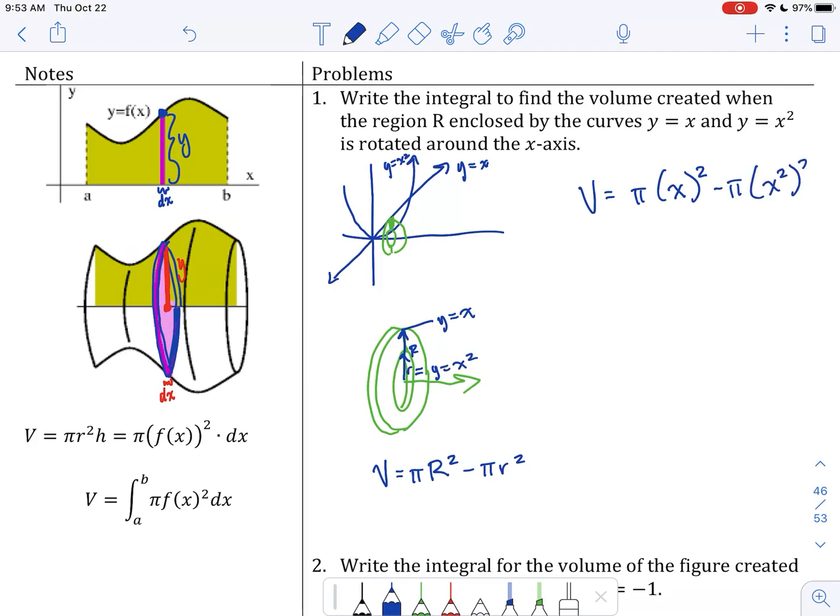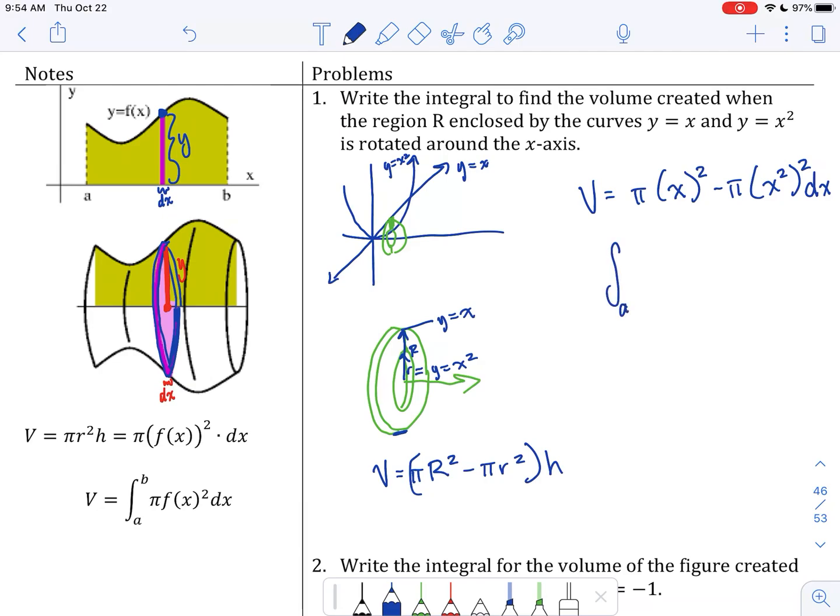So we are going to square that again, because we're looking at the squares from here, and then this is the square from the formula. And then this whole thing is multiplied by height, because that's the same for both, which in this case is dx, because we're looking at a small rectangle around the x-axis.